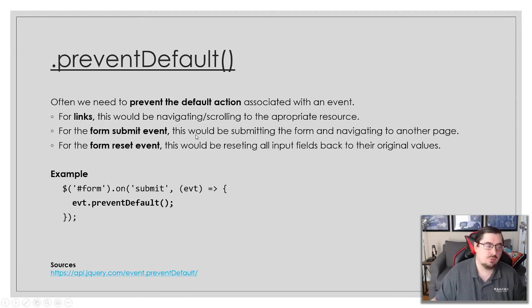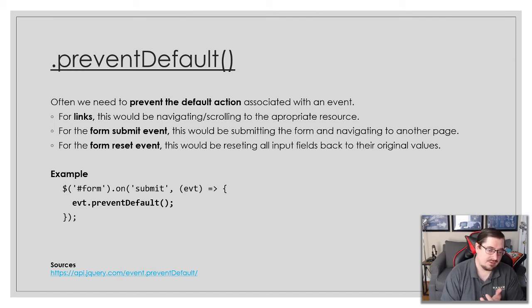So for instance, with links, their normal behavior is that it should navigate you to another page or scroll you down to the part of the page that it refers to if it's just an internal link. Both of those things are the default behavior. If you want to stop it from doing that, you need to call preventDefault, so it won't do that.